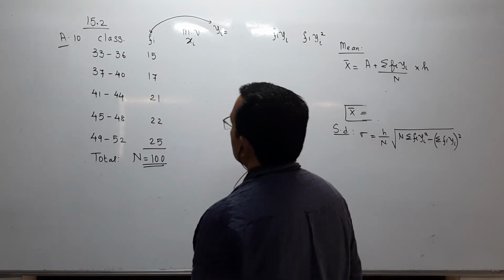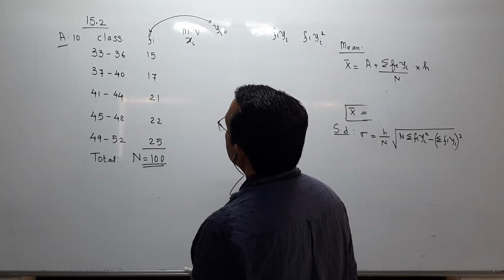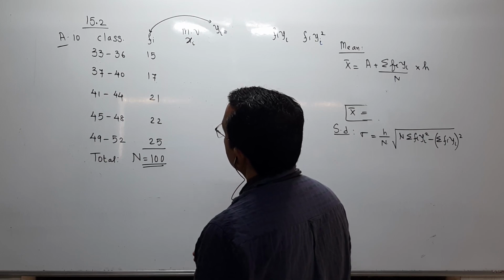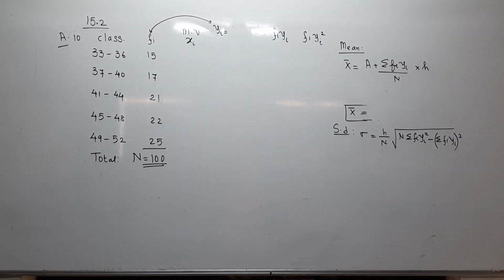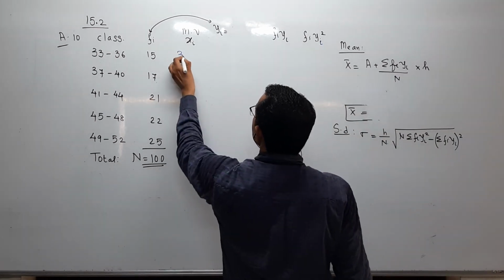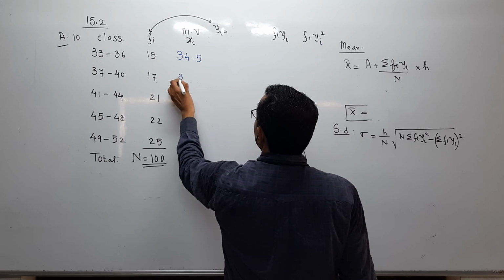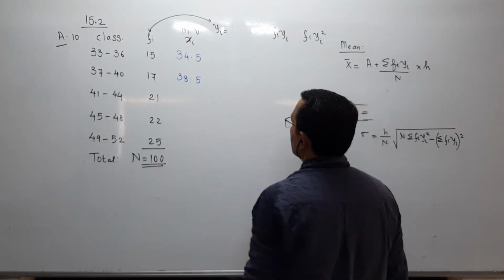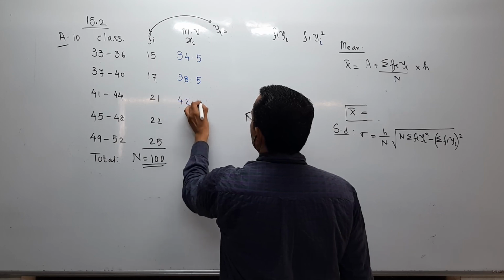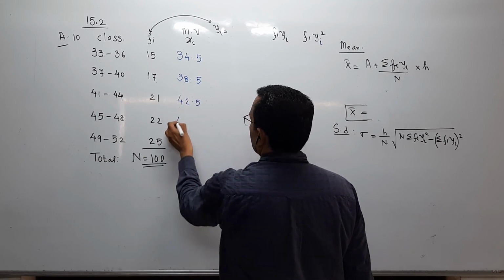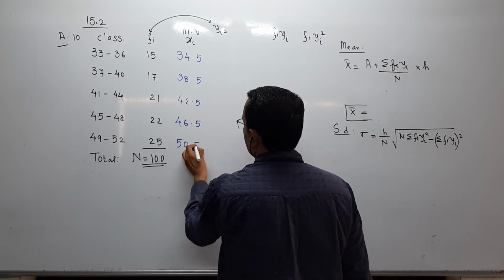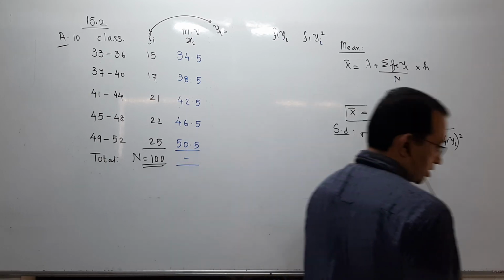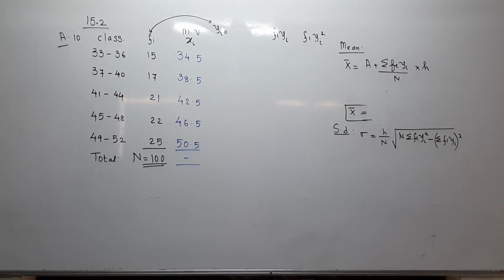Mid values: 33 plus 36 is 69, 69 by 2, so 34.5, 38.5, then 42.5, then 46.5, and last value will be 50.5. So these are the mid values.